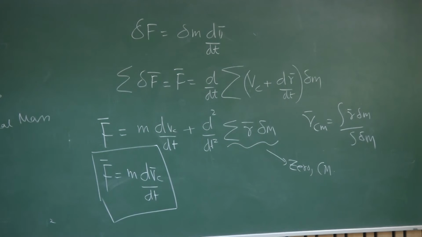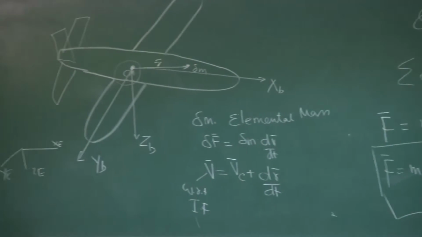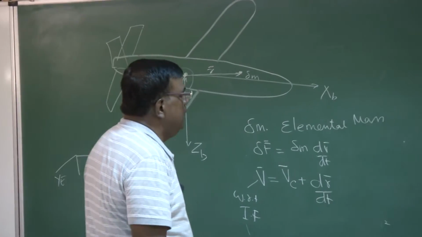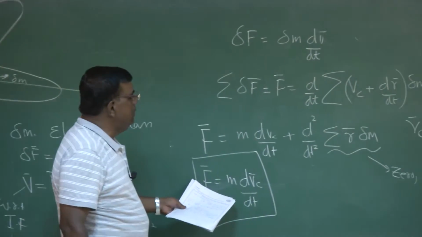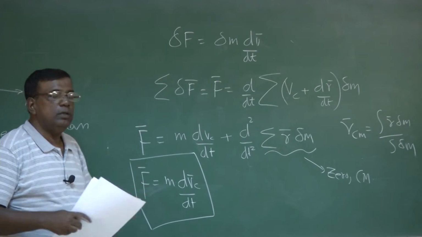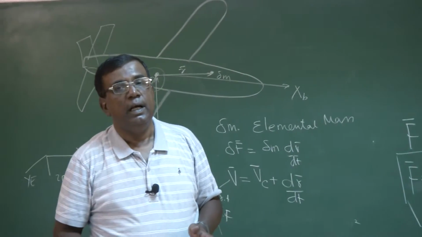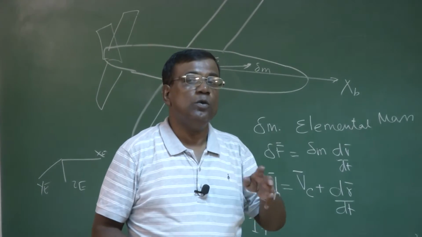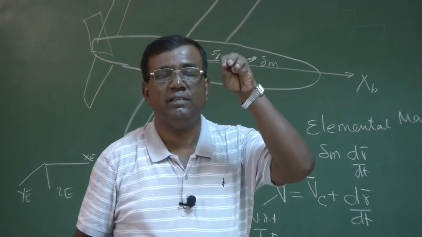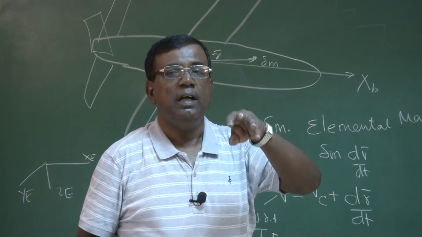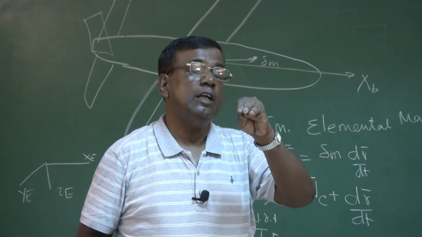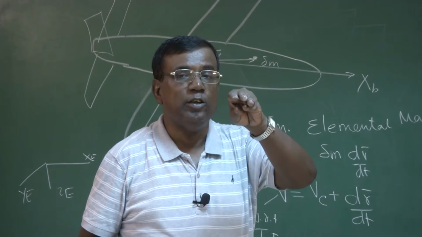What he says: let the mass be distributed, let the force be distributed. But if you want to apply Newton's laws of motion, you need to find out the center of mass of the distributed mass and assume the whole mass is concentrated at the center of mass, and the whole resultant force is applied at the center of mass.